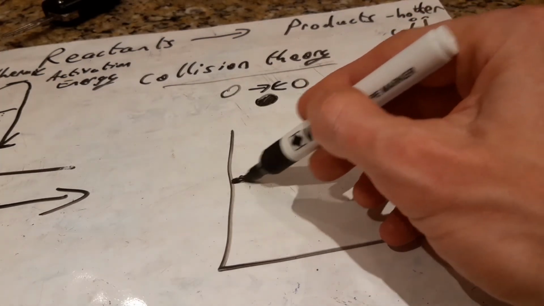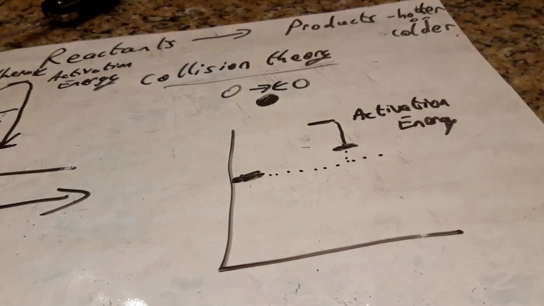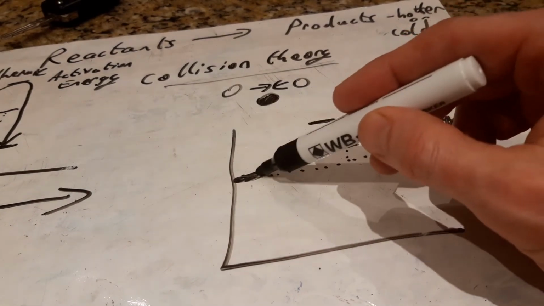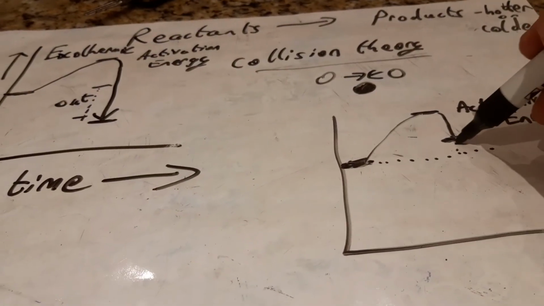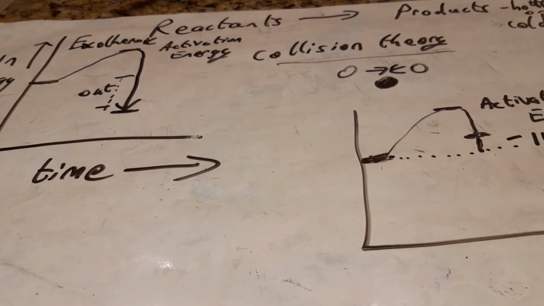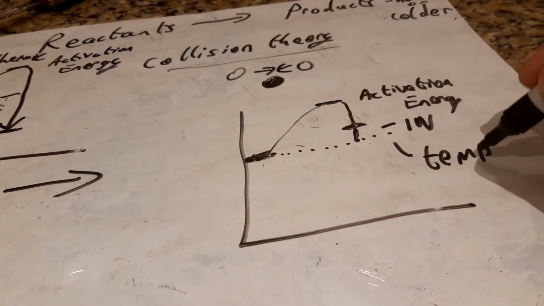Can you see the difference? So we started out here, but we actually never reach that point again. We never release as much energy as was absorbed by the reaction during the activation energy step. So in this case, overall, more energy has gone into the reaction than has come out. So the temperature will go down in this case.